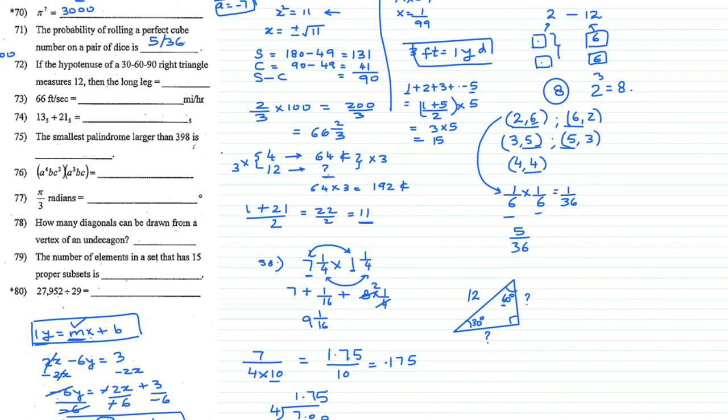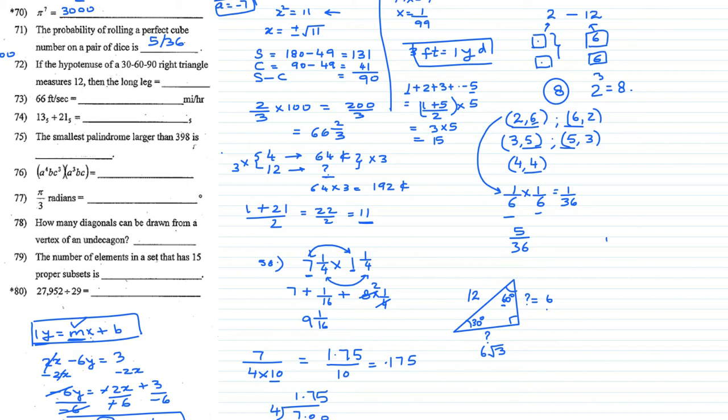So in a 30-60-90 right triangle, the hypotenuse is equal to 2 times the length of the short leg. So the hypotenuse in this case is 12, therefore the short leg is going to be 6, and the long leg is root 3 times the short leg. So since the short leg is 6, the long leg will be 6 times root 3.